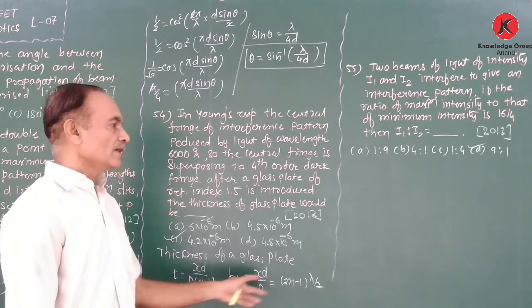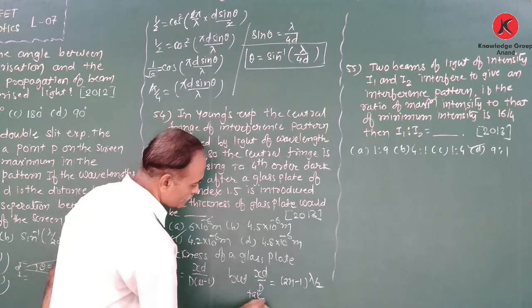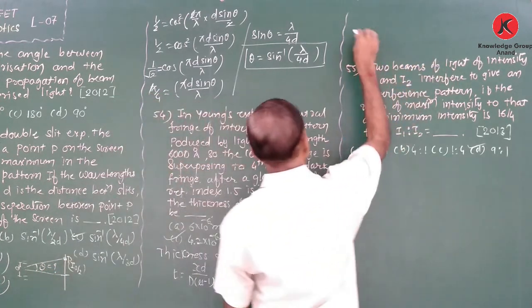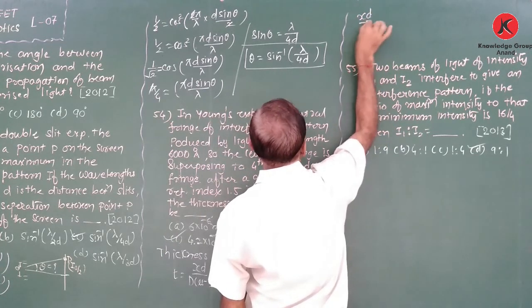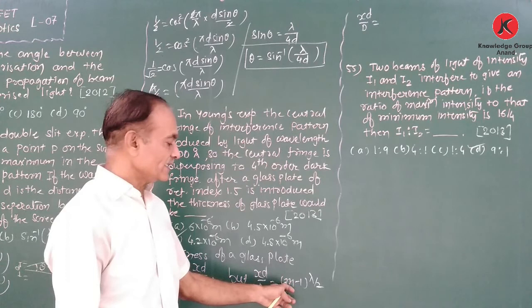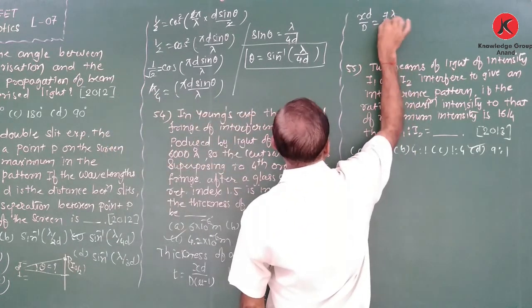Substitute n is equal to 4. Therefore, xd upon capital D is equal to (2 into 4 minus 1), that is 7 lambda by 2.